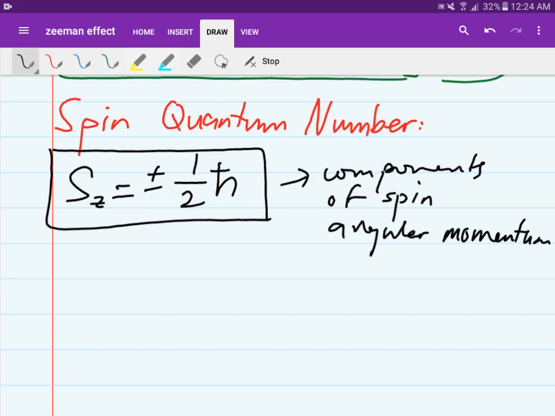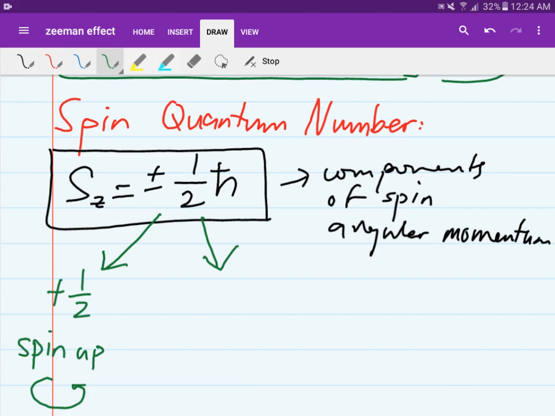And our spin quantum numbers are positive 1/2 for spin up. If the electron is moving in this manner, it will have a spin up.